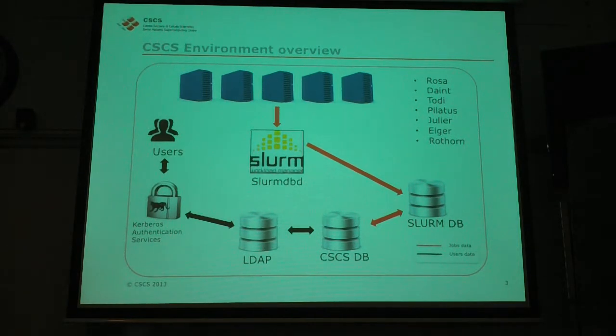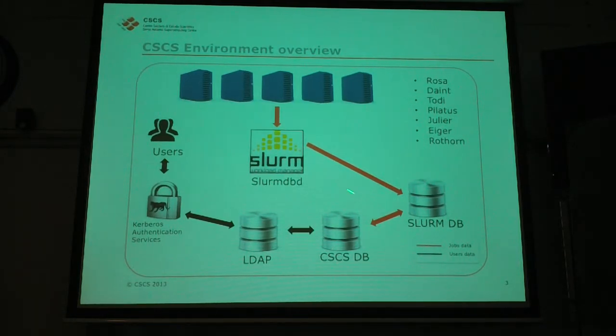So this is a big overview. We have our facilities on the top, which are mainly Cray facilities. And they're all connected to a Slurm database daemon. This database daemon is shared between all these facilities, all these clusters, and it stays in a separate HA cluster.